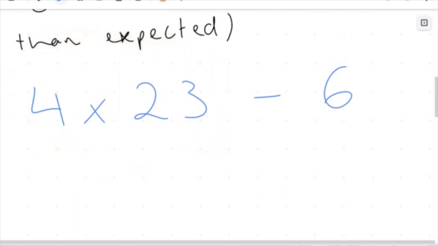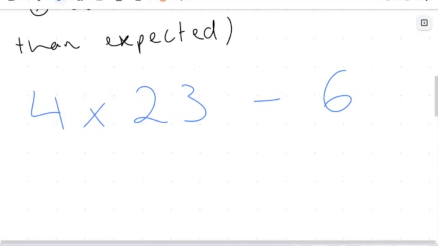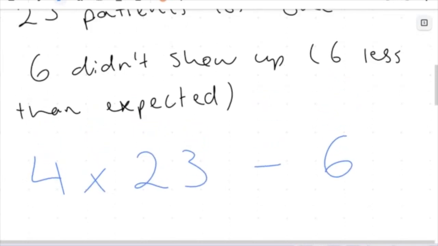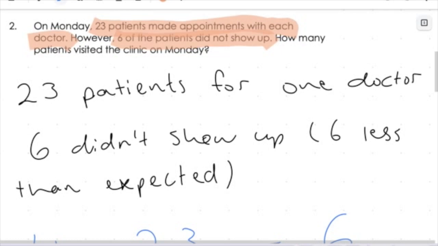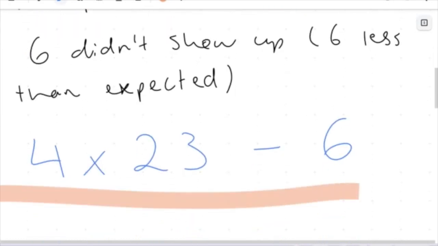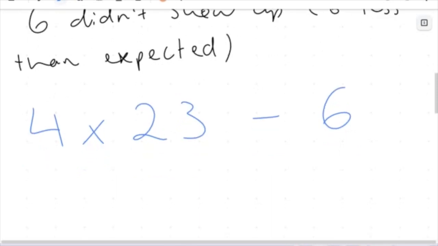But just to get through all the questions, I'm going to just give you the answer here, because my main focus for this video is breaking down all of the words and making it into the numbers so I can actually solve it. So this video is assuming that you know all of the operations quite well. So this may give you a chance to do some practice on your own.